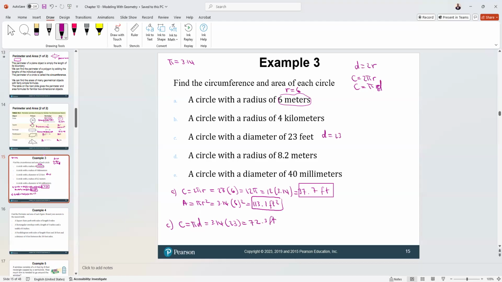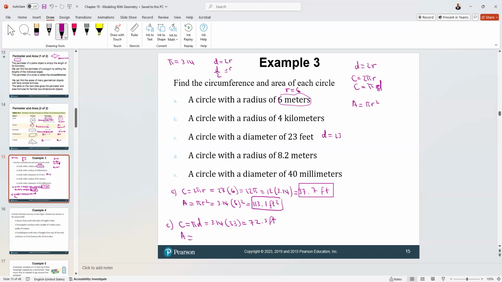72.3 feet. Okay. Now, if we go for the area, remember, area is pi r squared. But remember, what is r when you know the diameter? Because the diameter is 2r, so r is diameter over 2.